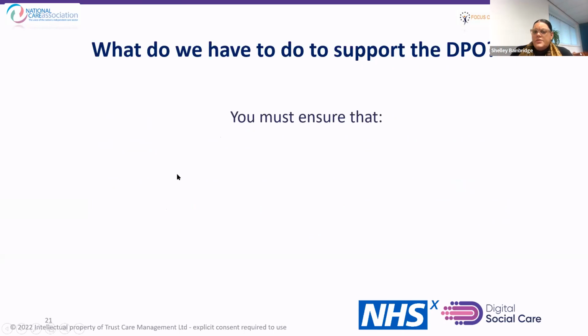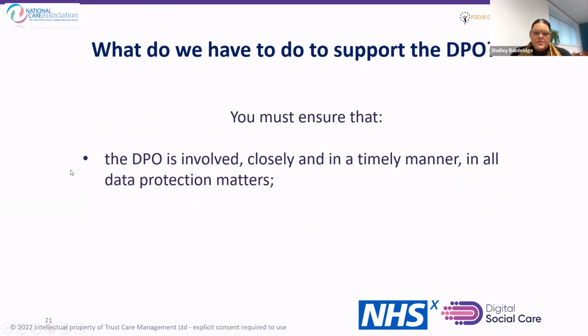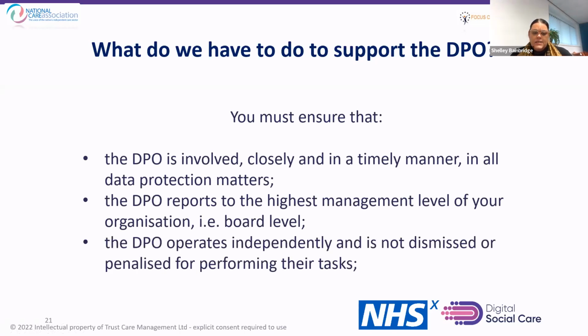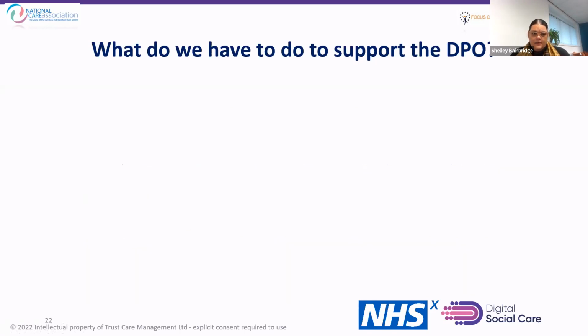What do we have to do to support the DPO? So as an organisation, what do you have to do? You must ensure that the DPO is involved closely and in a timely manner in all data protection matters. The DPO reports to the highest management level of your organisation, i.e. the board level. The DPO operates independently and is not dismissed or penalised for performing their tasks.